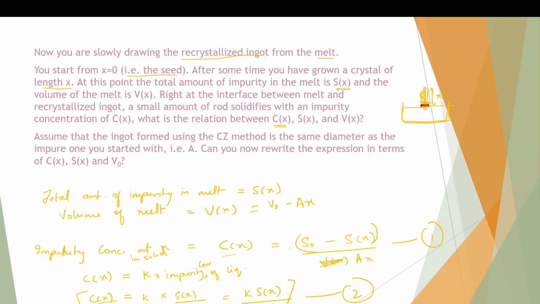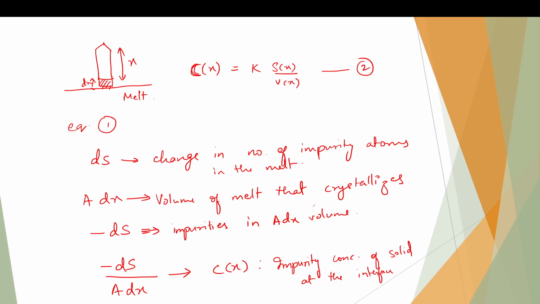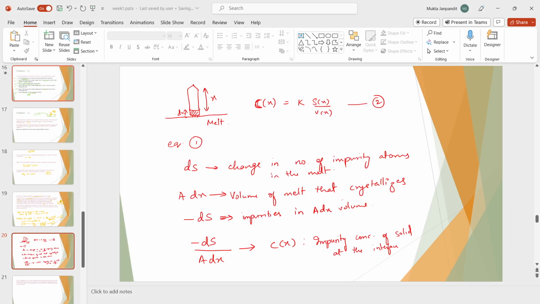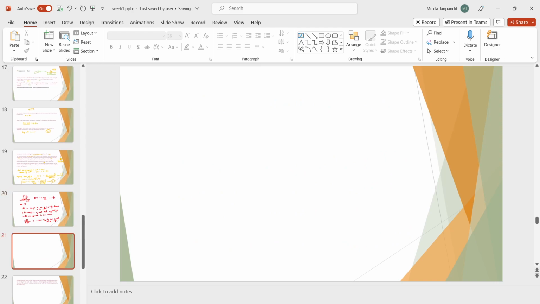So now what do we get is, c of x is k times s of x upon v of x.